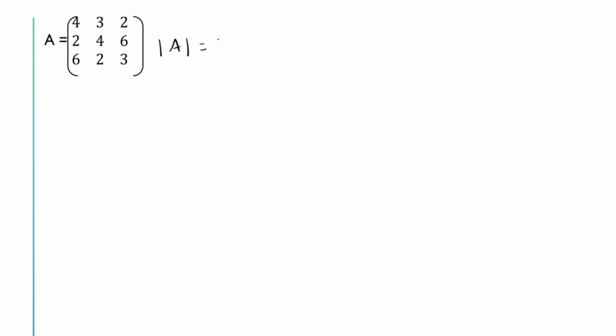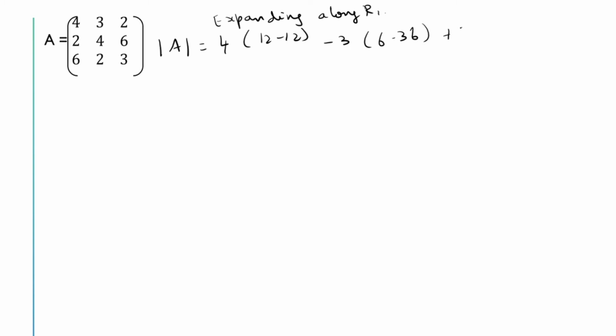So determinant of A is equal to 4 into (12 minus 12), expanding along R1, minus 3 into (6 minus 36), plus 2 into (4 minus 24). So this is equal to 90 minus 40, equal to 50. This is not equal to 0. Therefore, A inverse exists.